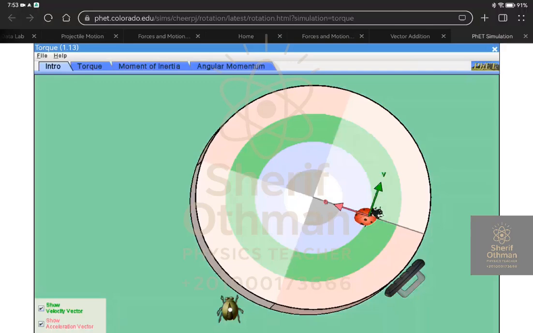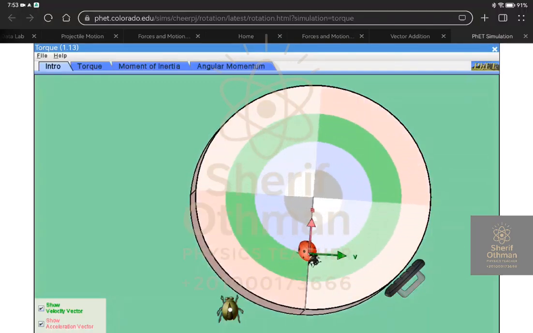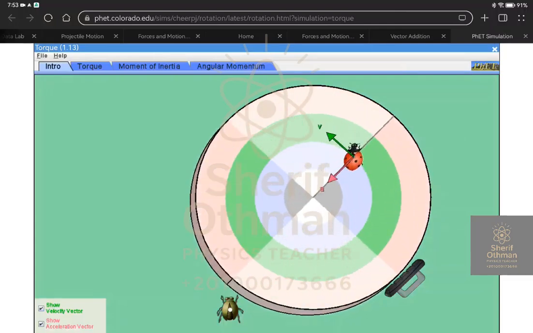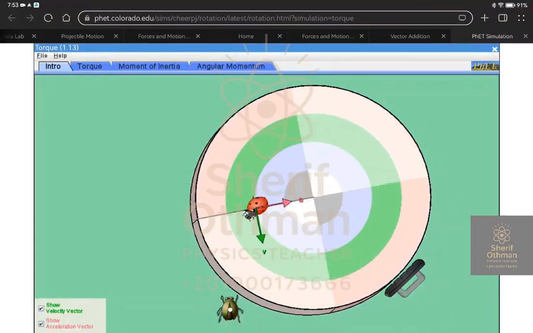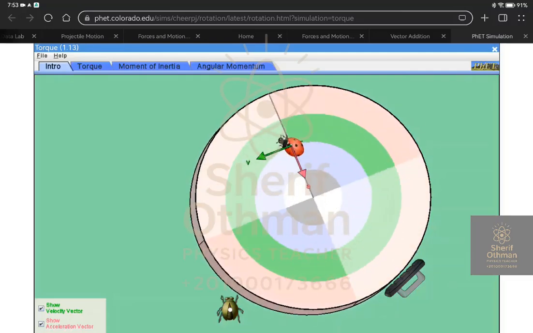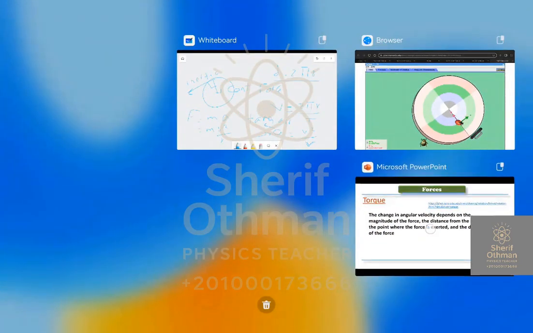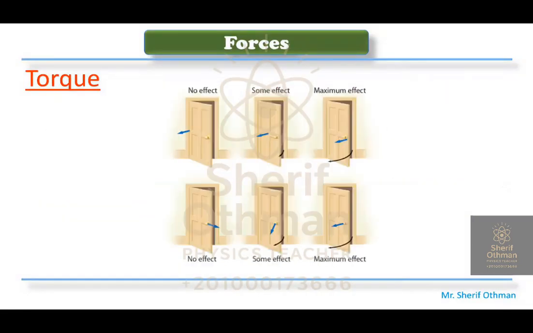So we can say that the torque is the force applied to make the object rotate, and it depends on the distance between the center of motion, the center of rotation, and the force applied. So, if you would like to open this door, we have three different positions to apply force.